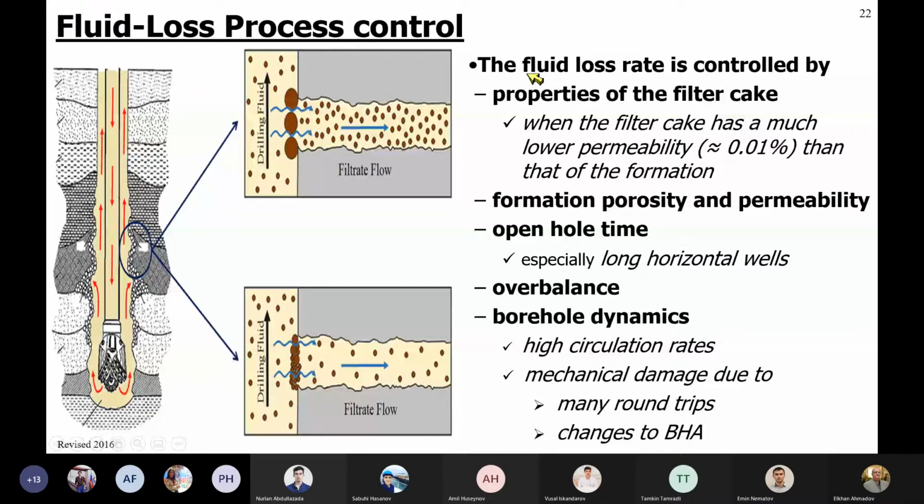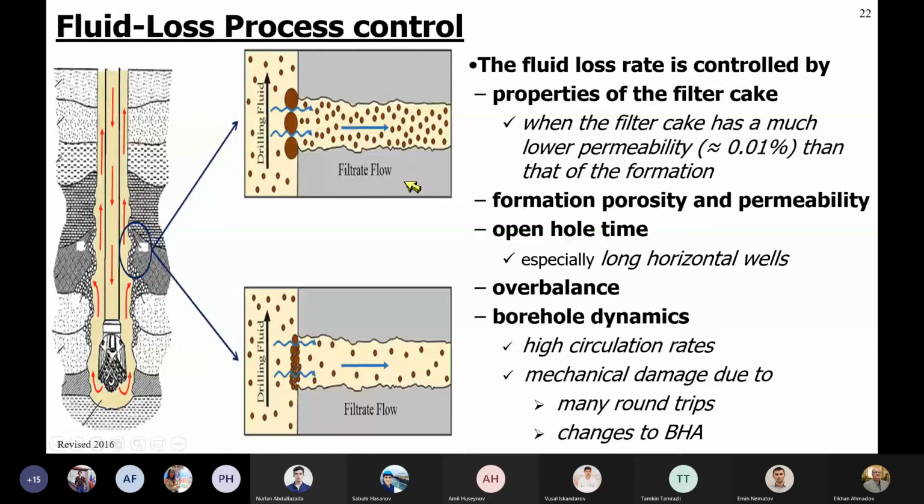First of all, formation damage, because the more fluid we lose into the formation, the deeper and more severe the formation damage. On the other hand, we lose expensive material, the drilling fluid, because it has various chemical compositions that are also expensive.